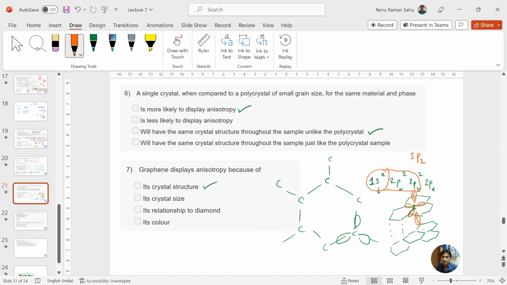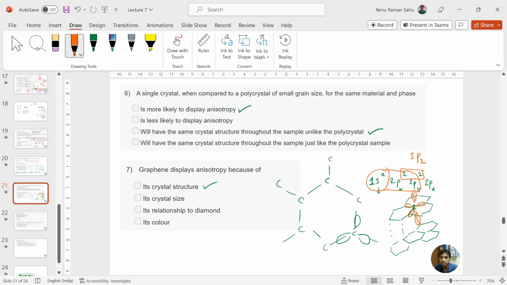Amongst these 4 valency electrons, sp2 means 3 orbitals are combining, so there will be 1 electron in each of these.